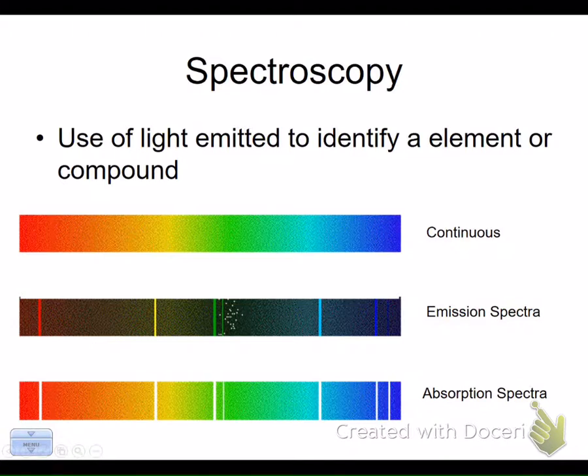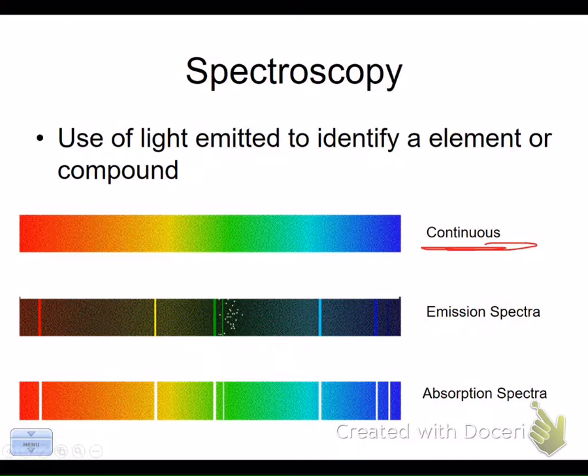All right, so here's what I'm talking about. In this top one, we have a continuous spectrum. That's when you get all colors, all shades, all wavelengths of light blending smoothly together. The one in the middle is called an emission spectra. This is what we looked at in chemistry class. So we don't get every wavelength.